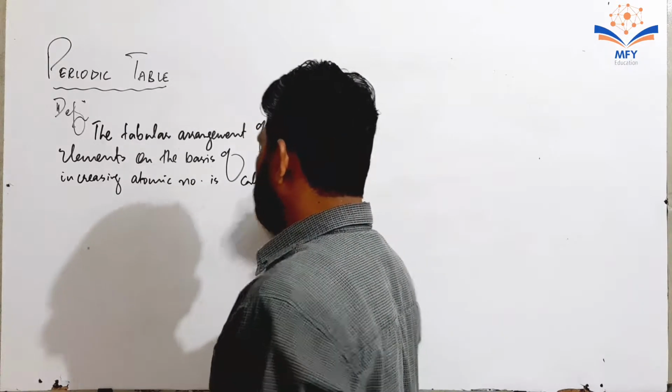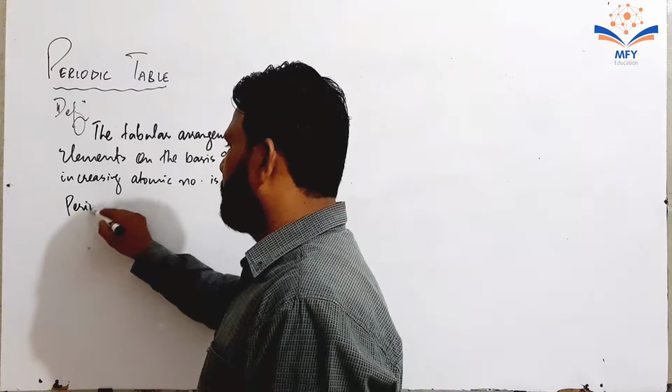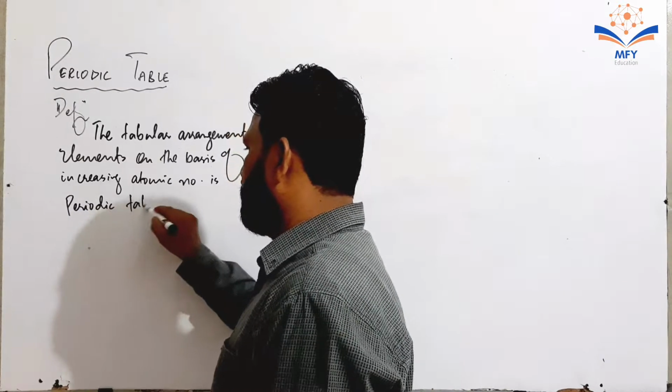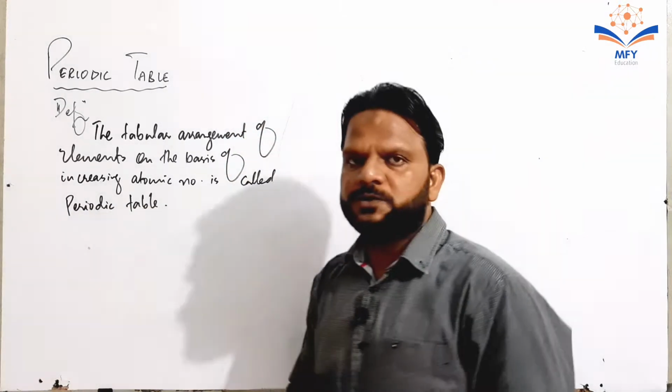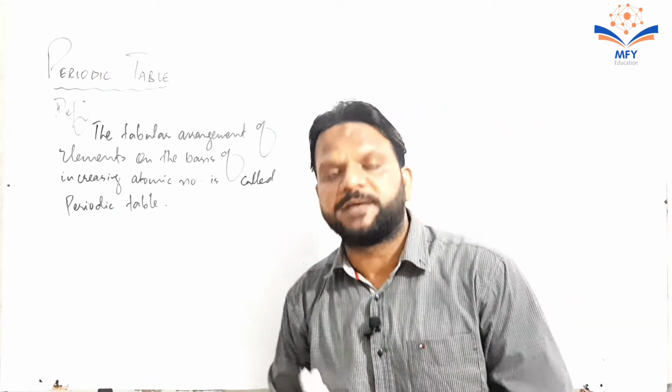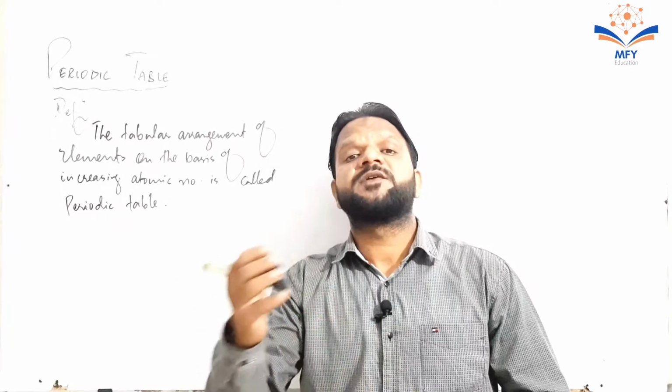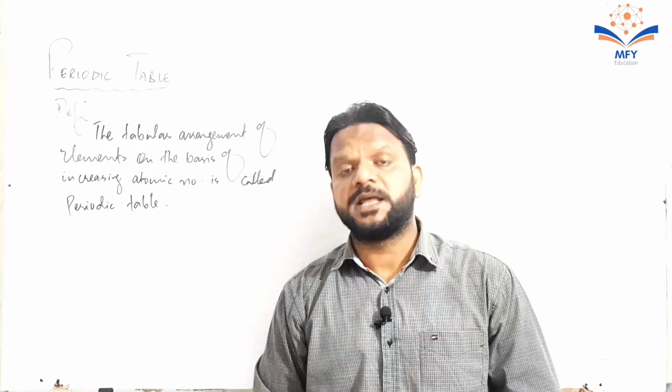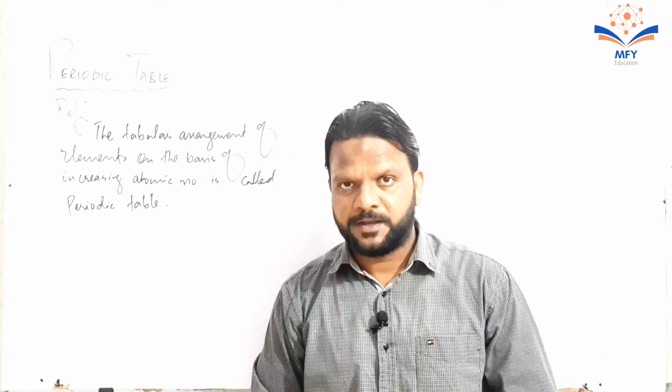Such a tabular arrangement in which elements are arranged on the basis of their increasing order of atomic number is called the periodic table.